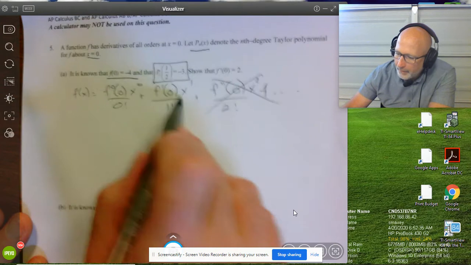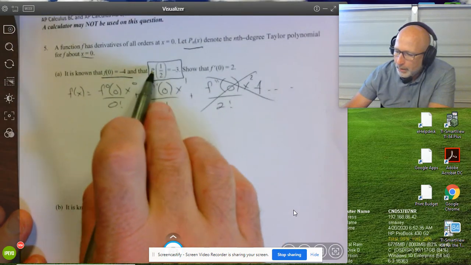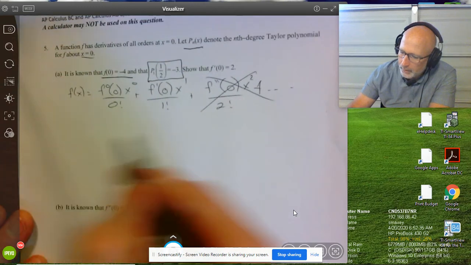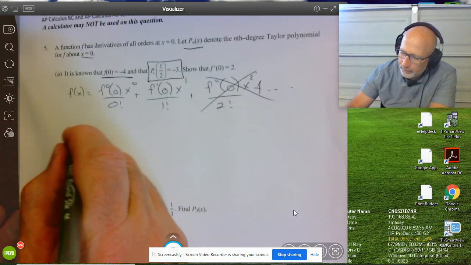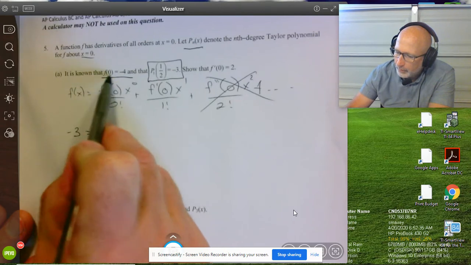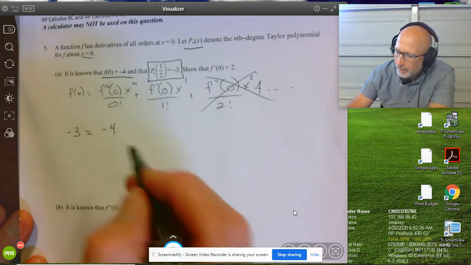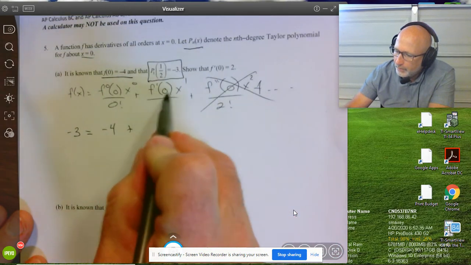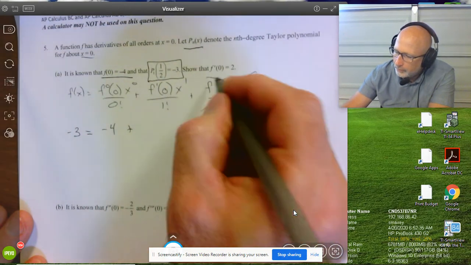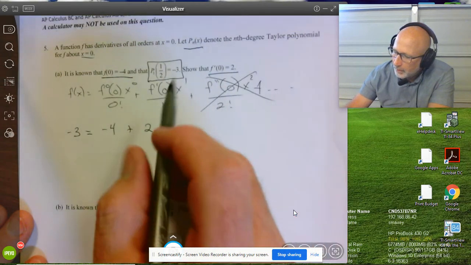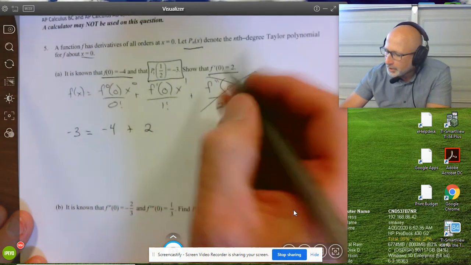So I know when I have this function and I plug in 1/2, I should get out negative 3. So let's evaluate it. I get negative 3 is equal to, now the original function evaluated at 0 is just negative 4, and that's 1, that's 1, plus the first derivative evaluated at 0, well, look, it's 2. Oh, actually, no, that's what I'm trying to show.